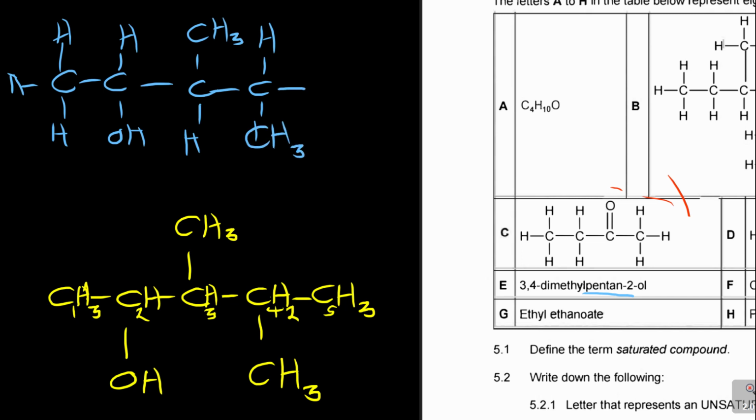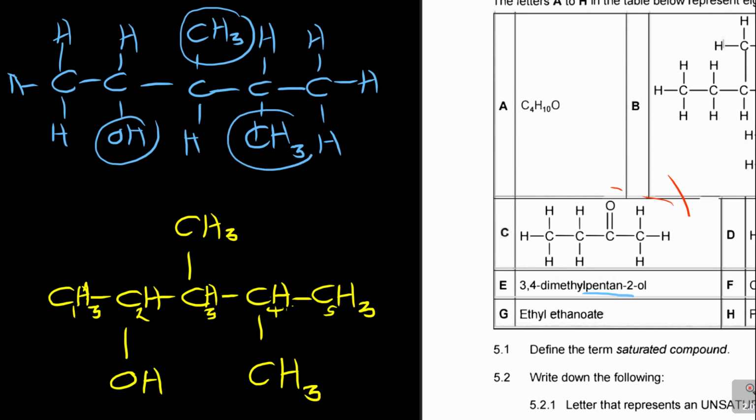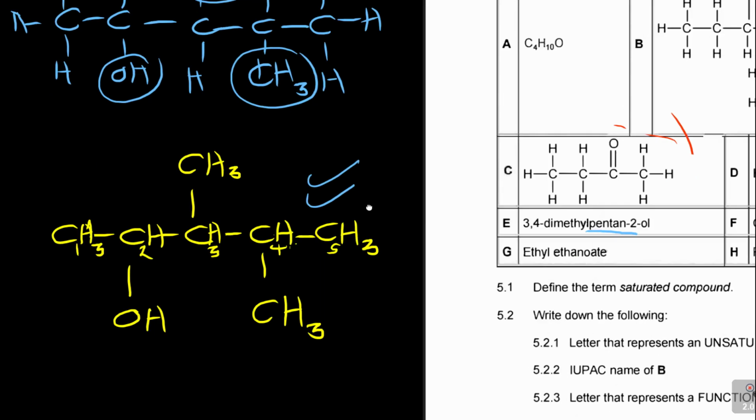There I made an error, it's supposed to be CH2 there. Then the last one is C, H, H, and H. So you see, these are my branches. The answer they want is the condensed structure.